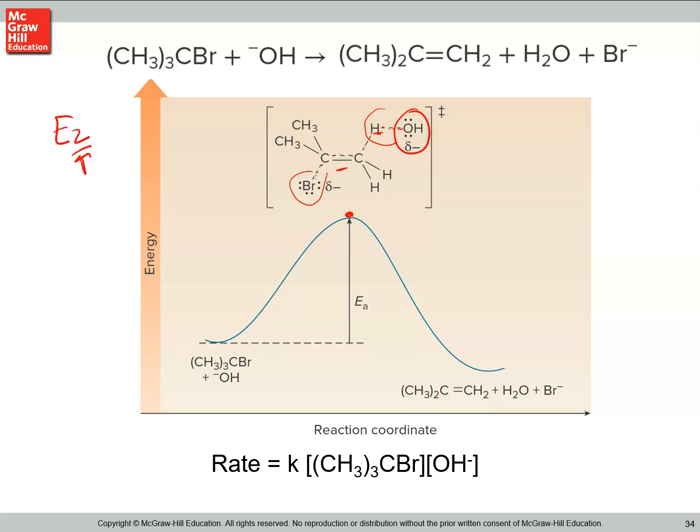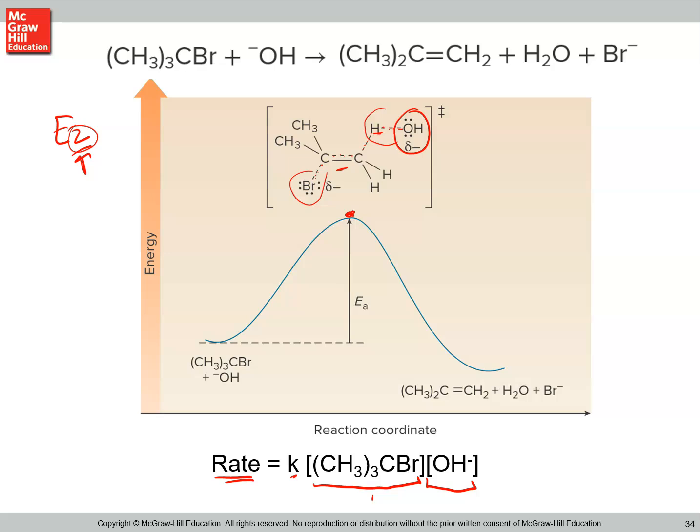That 2 refers to the things we're talking about, the rate of reaction. So it's how fast this happens. The rate of the reaction is a constant times the concentration of our leaving group compound times our base. So both of these things are involved, and that's why we get the 2 for that reaction. But there's only a single transition.